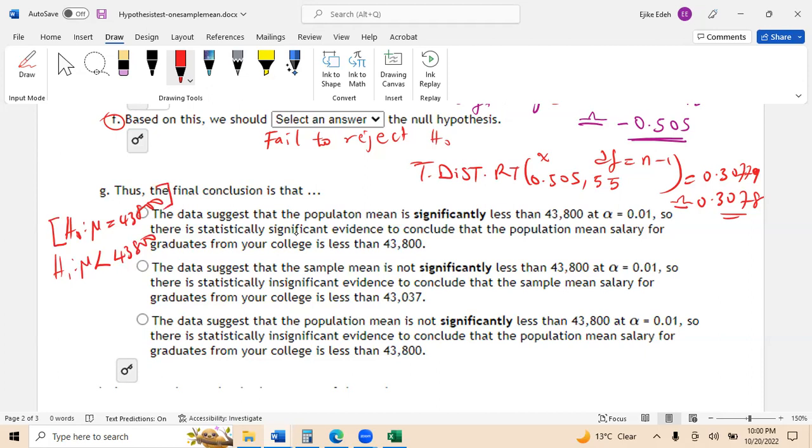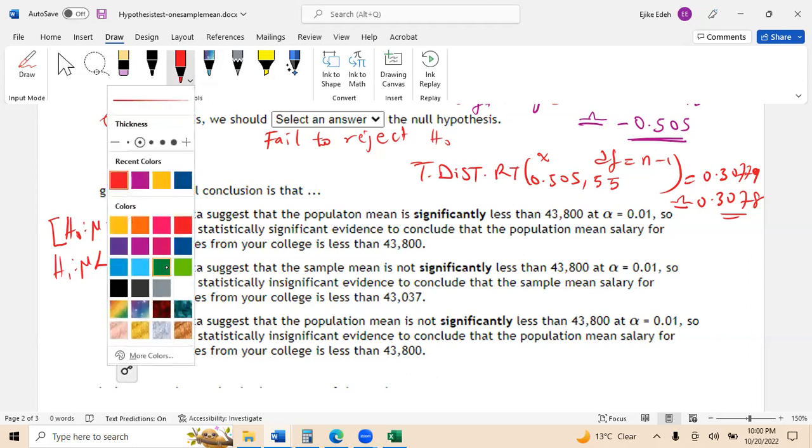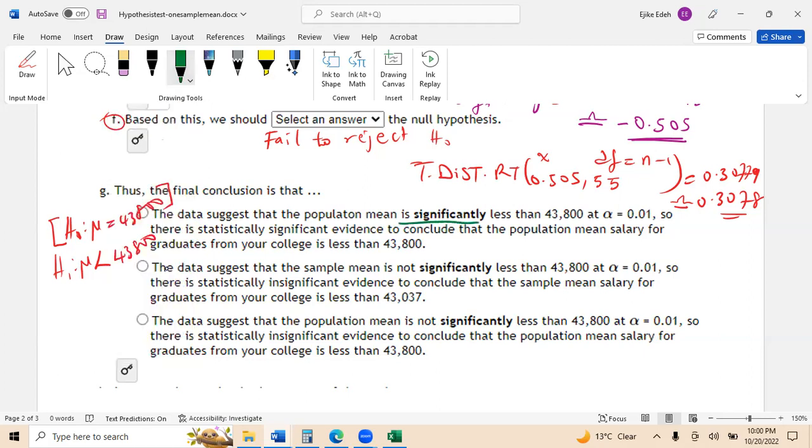So because of that, we are not supporting the alternative because we did not reject the null. So this first option, which says that the population mean is significantly less, is wrong. Let me pick up another color. Pick up green. So this is wrong because we did not reject the null, so we can't say significantly less. We're actually looking for one that says not significantly less.